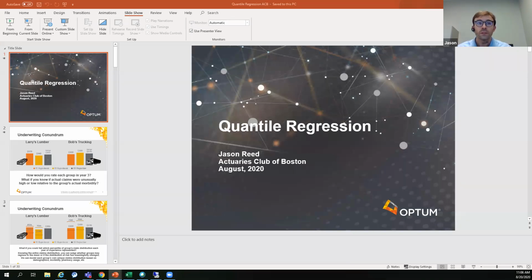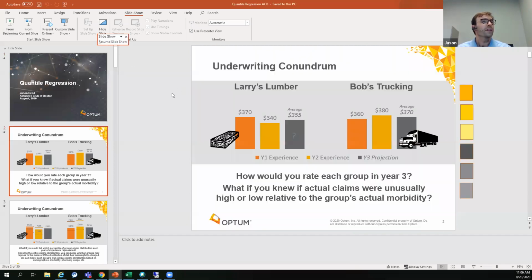No. Now do you see? We're still seeing just this. Okay, sorry. We'll share from here then. It's a low tech way of doing it. So now do you see Larry's Lumber and Bob's Trucking? Yes. Okay, yeah. That's funny. The other two screens have it, but the main one doesn't.